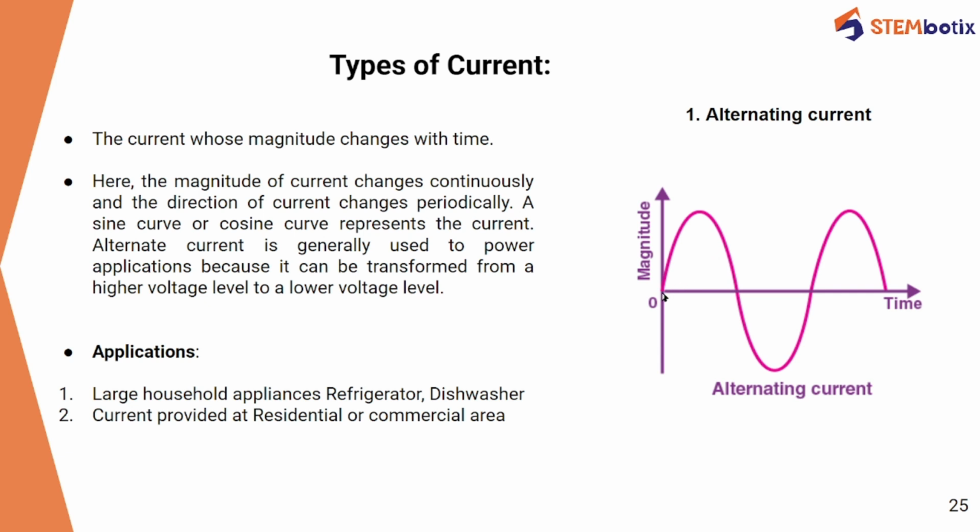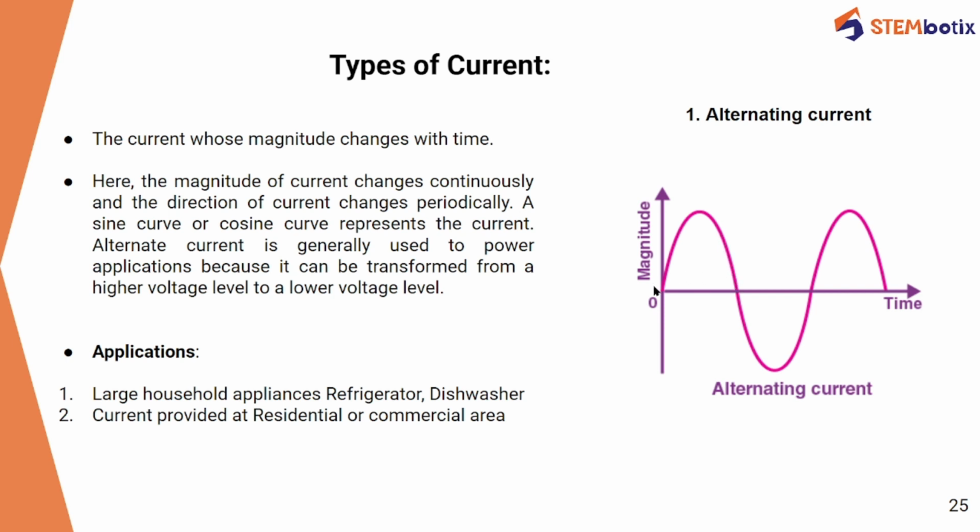At this particular point the time is 0 and the magnitude of current is also 0. As the time increases, you can see that the magnitude of current is increasing up to this point, which is the maximum amount. From here, the time is increasing, but the magnitude of current is decreasing.